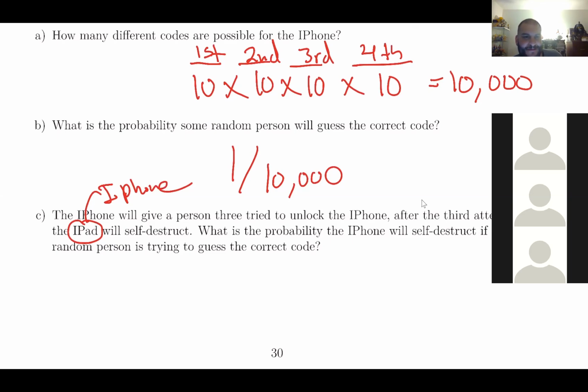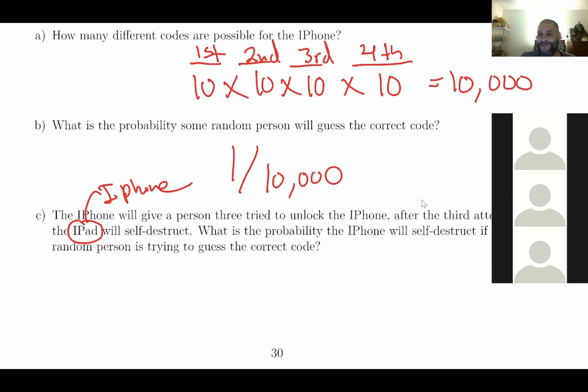How many attempts does the person have to guess correctly? 3. So the person has multiple attempts, correct? Since the person has multiple attempts, which rule should I use? It starts with an M and ends with rule.